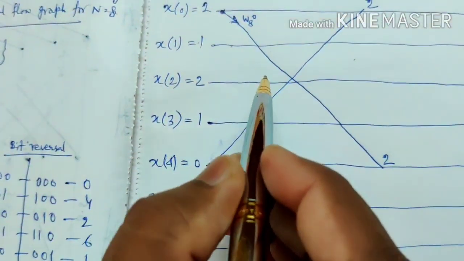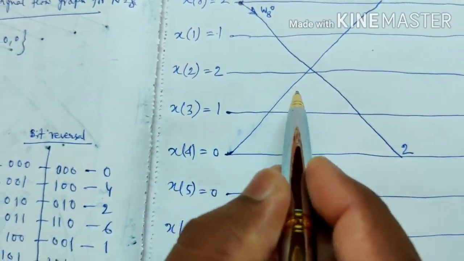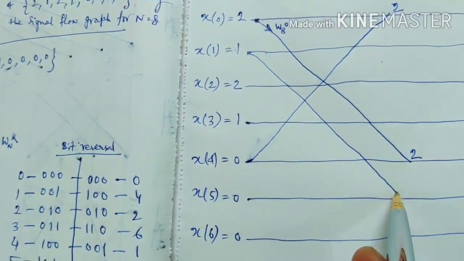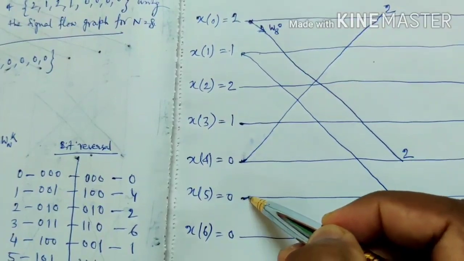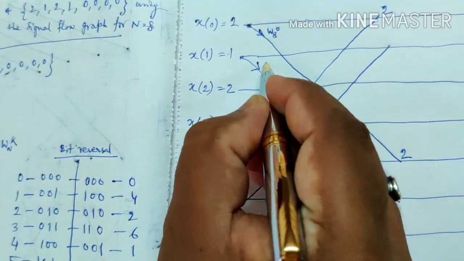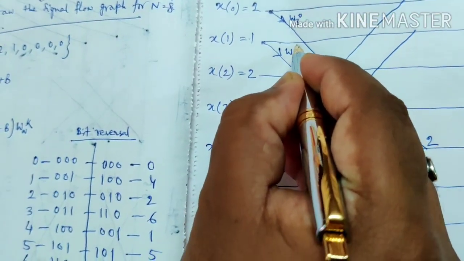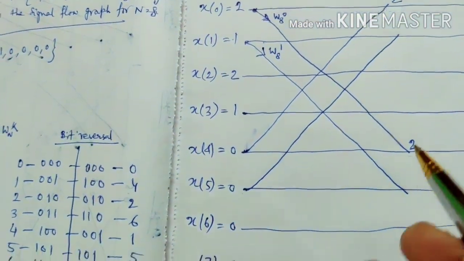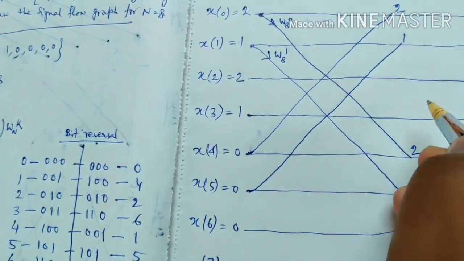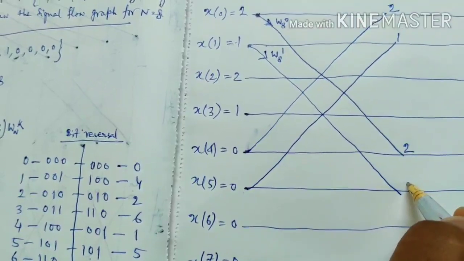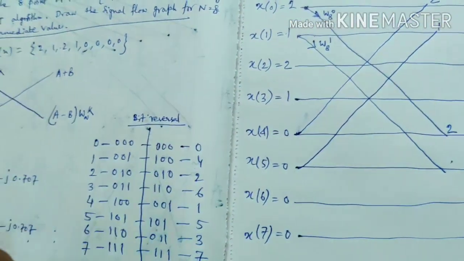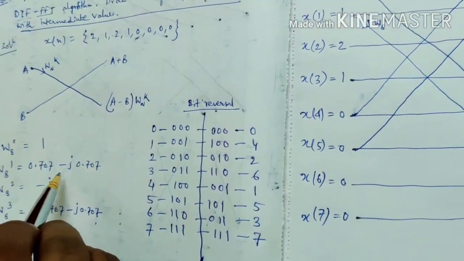Similarly, we can perform the next operation from x1 to x5 and from x5 to x1. That twiddle factor is omega 8^1, and the values will be A plus B, and A minus B into the twiddle factor value, that is 0.707 minus j 0.707.